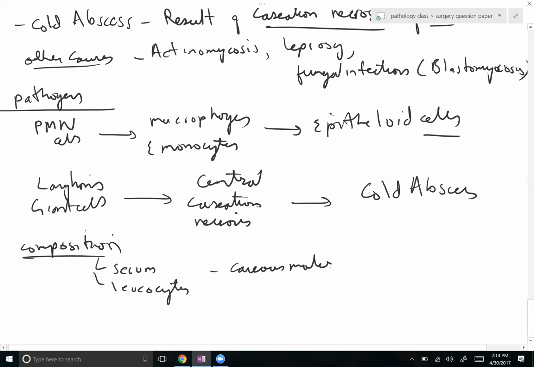Star mark the caseous material, because that is what the examiner wants you to know. The next ones are bone debris, and if it is caused by tuberculosis, then tubercle bacilli.